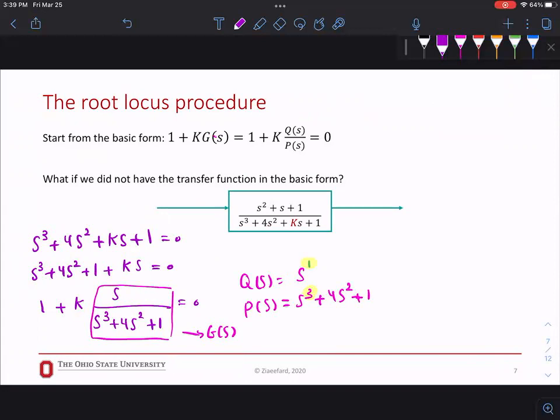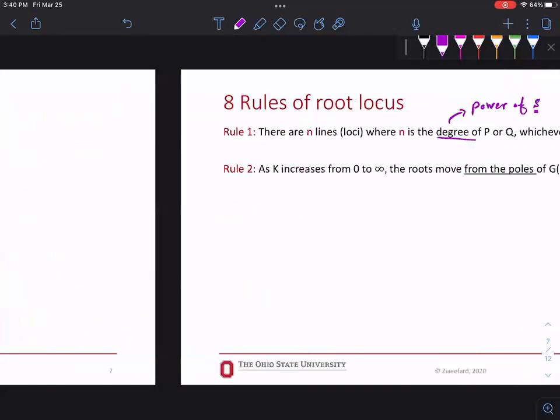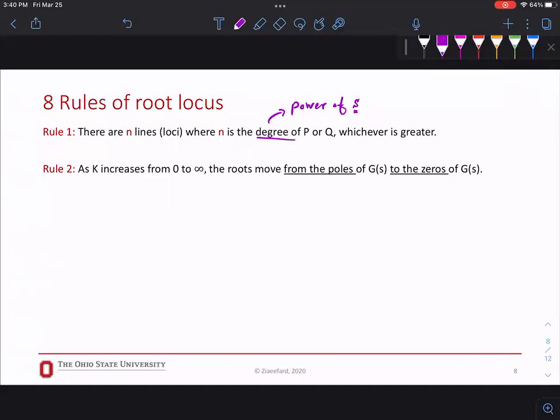Put the numerator equal to 0, and for the poles, put the denominator equal to 0. First of all, there is just 1 zero and 3 poles. There is a reason for it, and we're going to deal with that. But it is important to know that the locus always goes from a pole to a zero.